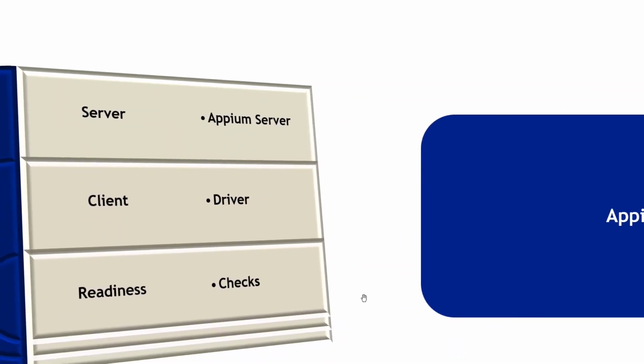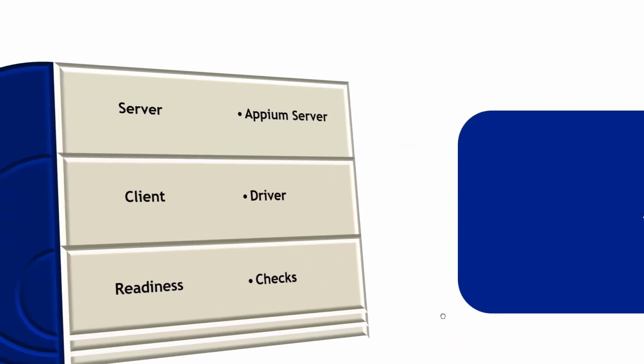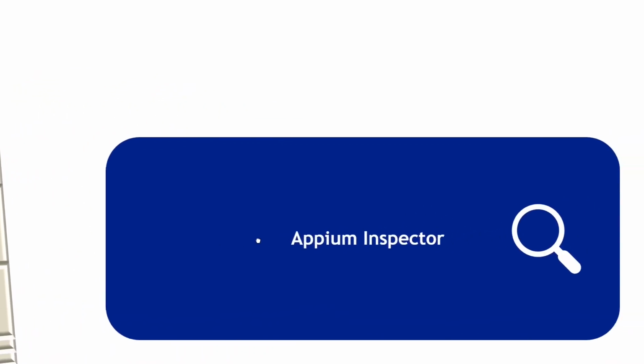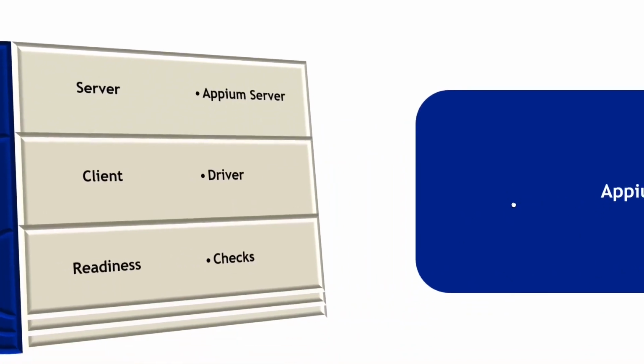At the end, from a solution point of view, we have to ensure whether the environment is ready or not. If not, then we have to make it ready, because for each purpose there is a separate component. That component has to be ready, then only will it become an end-to-end solution like a commercial one. Okay, so here we have the Appium inspector for inspecting the mobile app elements, which we are also going to see.